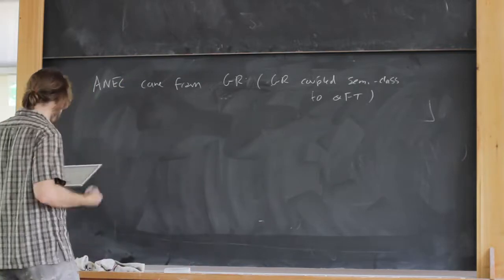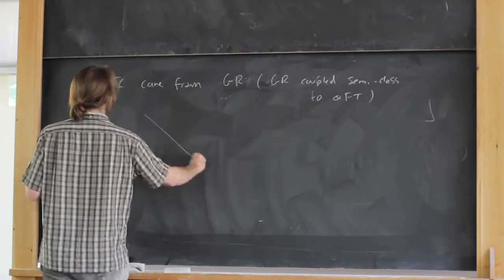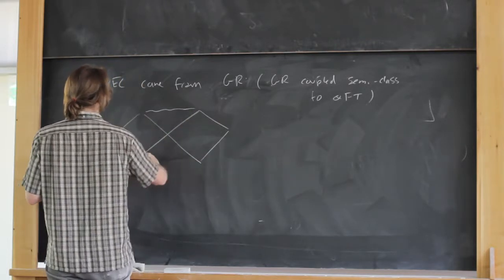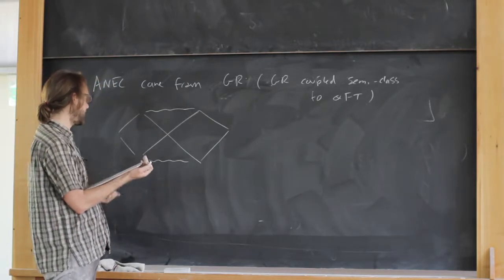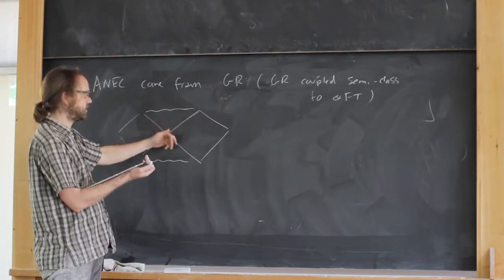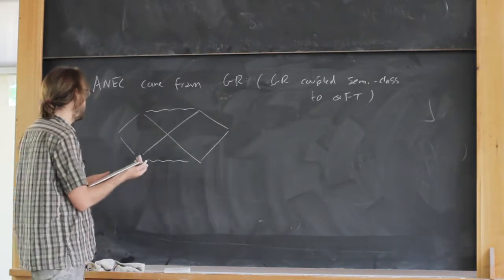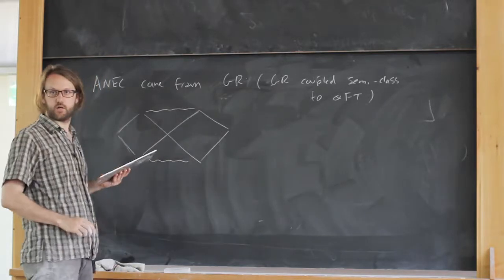So, for example, if you have an eternal black hole, then a constraint that you might want to impose is that even in the presence of matter, say some quantum field theory matter, there's no way for you to send signals between the two asymptotic regions of this eternal black hole.